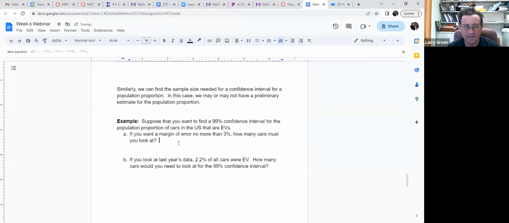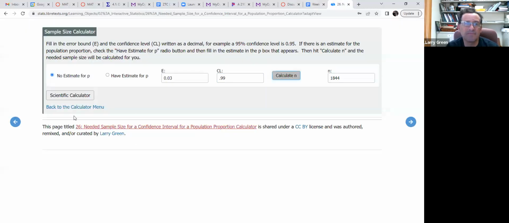So look at 1,844 cars. Any questions on part A? Just a note, if we wanted a 95% instead of a 99%, do you think we'd have to survey more people, more cars, or look at more cars or fewer cars?